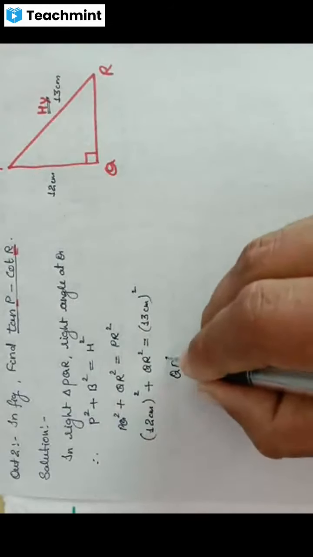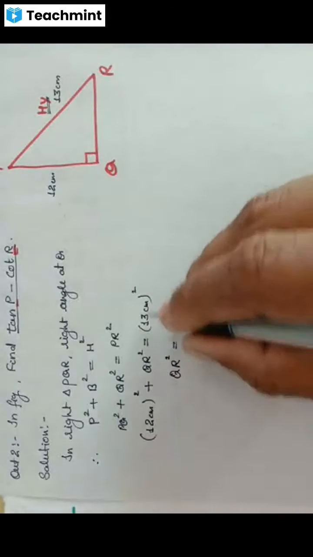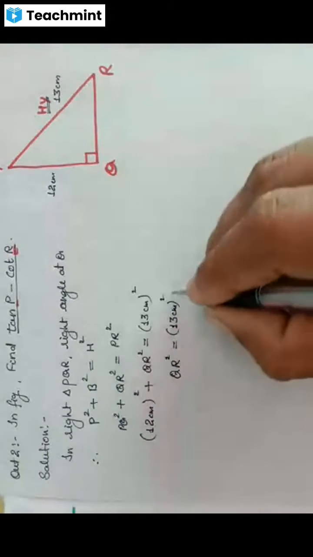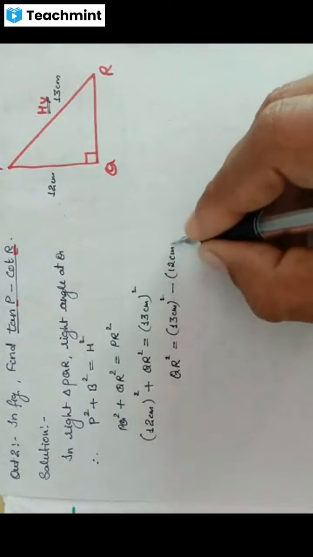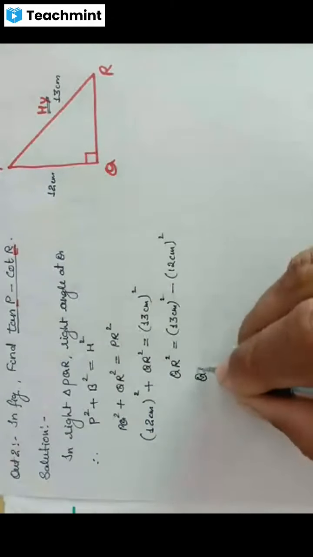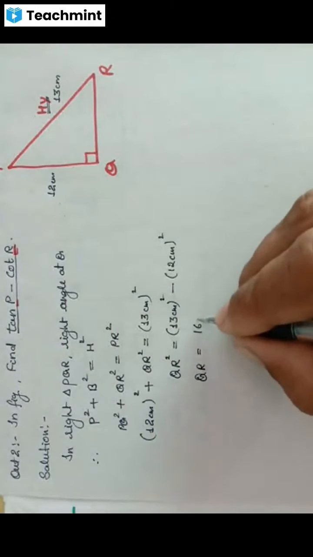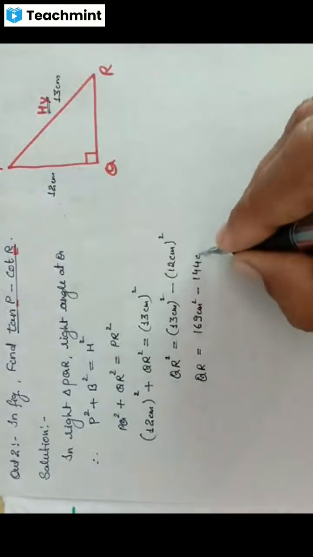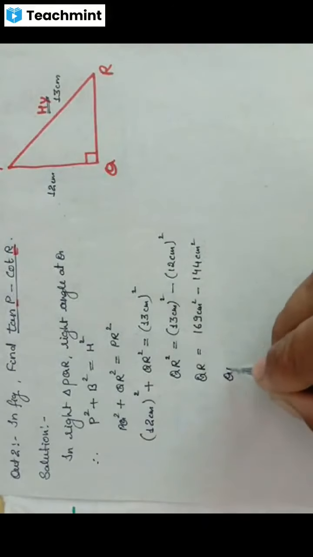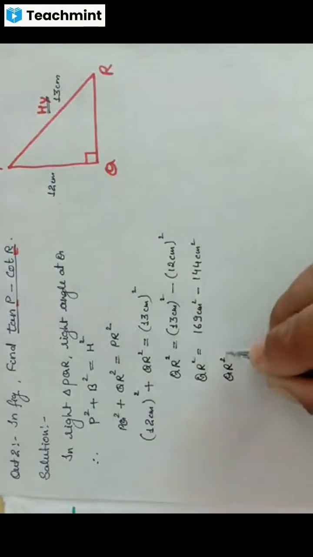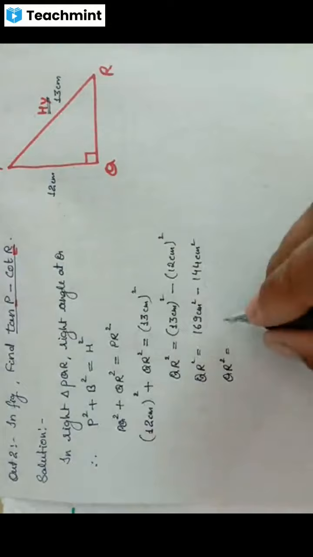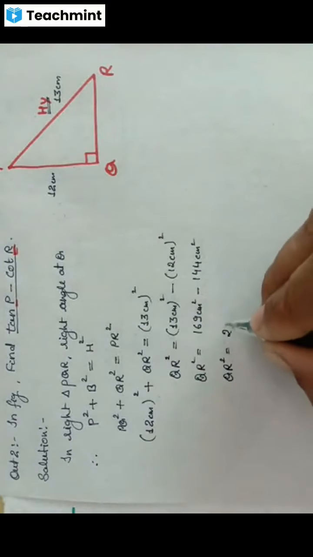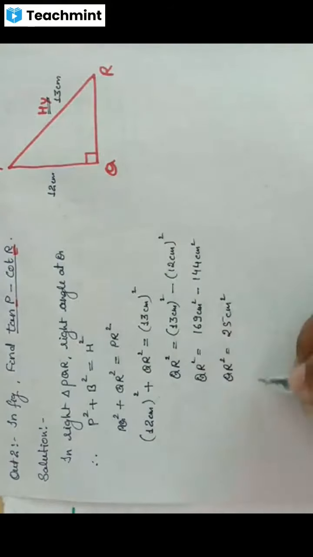QR whole square is equal to 13 centimeter whole square minus 12 centimeter whole square. So QR whole square is equal to 169 centimeter square minus 144 centimeter square. So it will be 25 centimeter square.